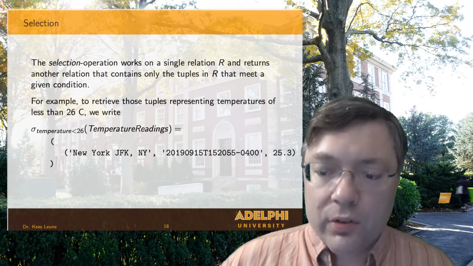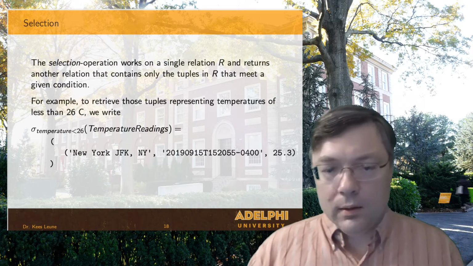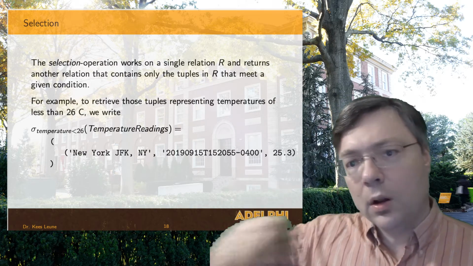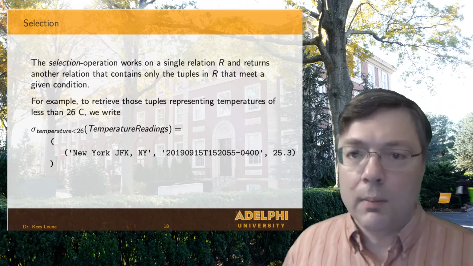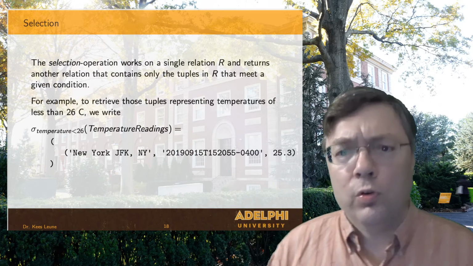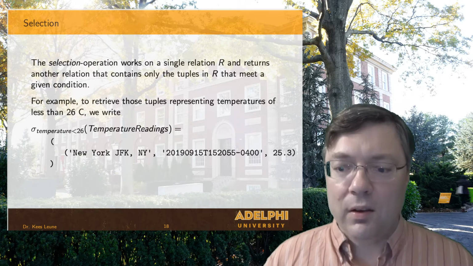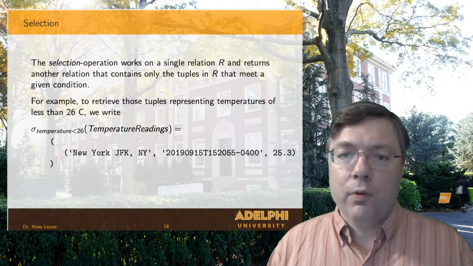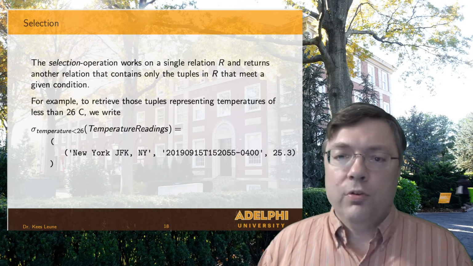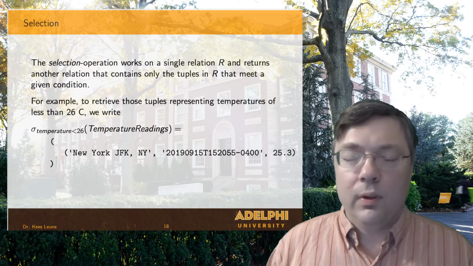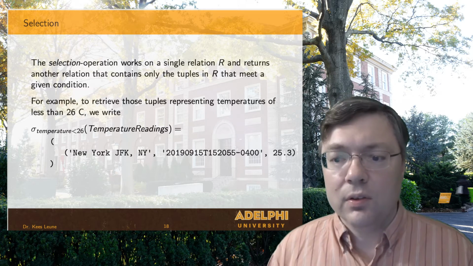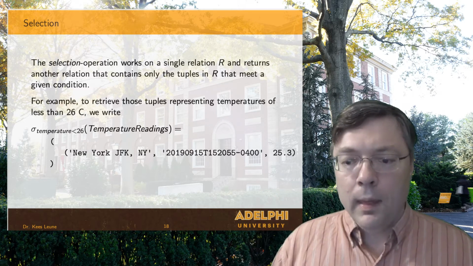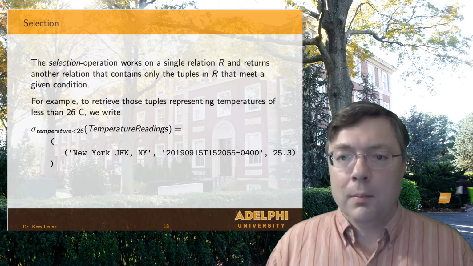Once I've done the projection, I can go the other way. I can, instead of going vertical, where I eliminate some of my columns, I can go horizontal. And I say I'm only interested in rows or tuples that meet specific criteria. That's called a selection. And so, for example, if I'm looking for only those temperature readings with a temperature of less than 26 degrees Celsius, I might write the little sigma for selection, and then as a subscript the condition that I'm interested in.